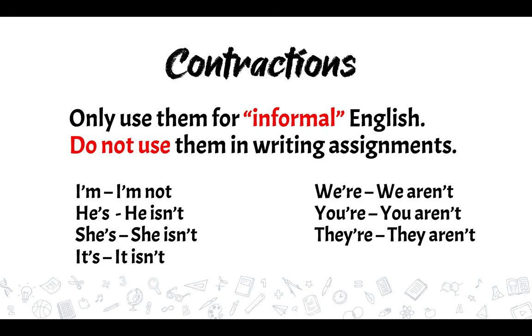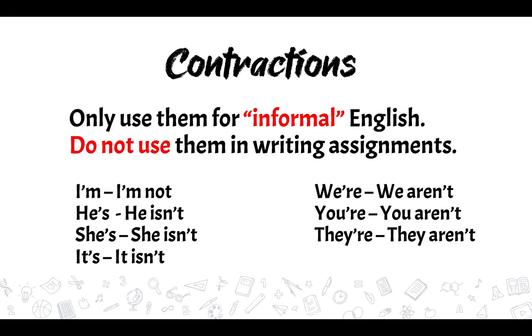So I am, you would say I'm, or I'm not. Or he is, he's, or he isn't, okay, for negative. She's, she isn't. It's, it isn't, right? We're, we aren't. You're, you aren't. They're, they aren't, etc.